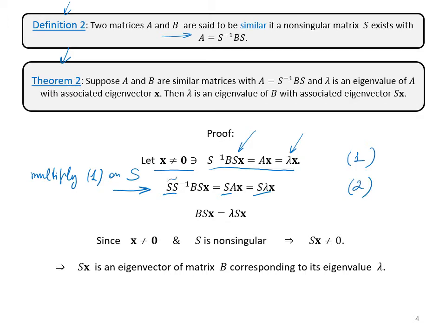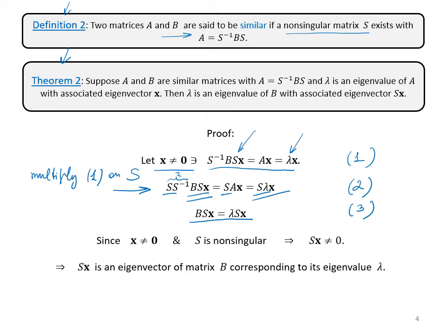Then we can notice that the product of S and inverse S is just the identity matrix, because I just provided you the definition of a non-singular matrix S. And we can write down expression 3 as follows, left side and right side.